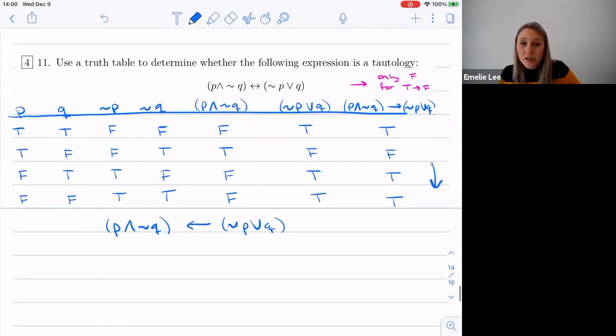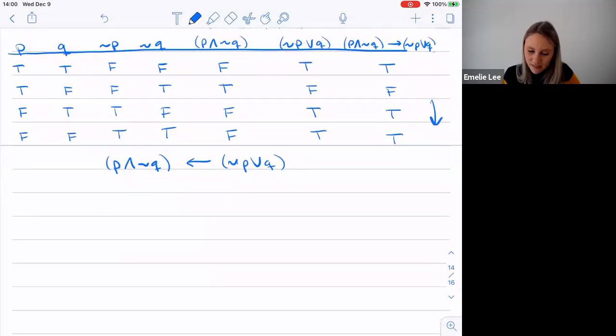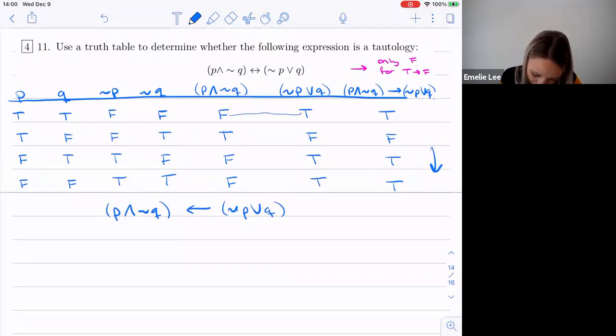Oh, maybe it's not a tautology. Didn't think about that as an option. Okay, so let me just get these columns straight. True to false. So that's the only time it gives a false statement. Yeah, did I do something? Did I muck this up somewhere?